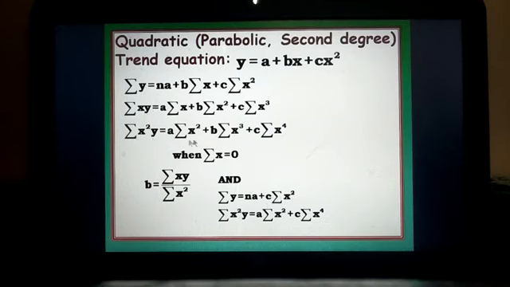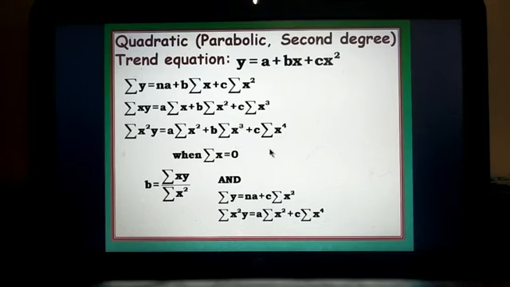And then what about the third normal equation? Summation of x square y is equal to a summation of x square plus b summation of x cube, which is equal to 0, because sum of x cube is equal to 0 once sum of x is equal to 0.